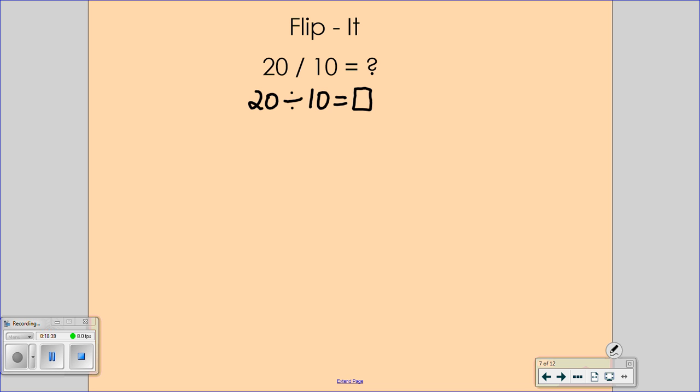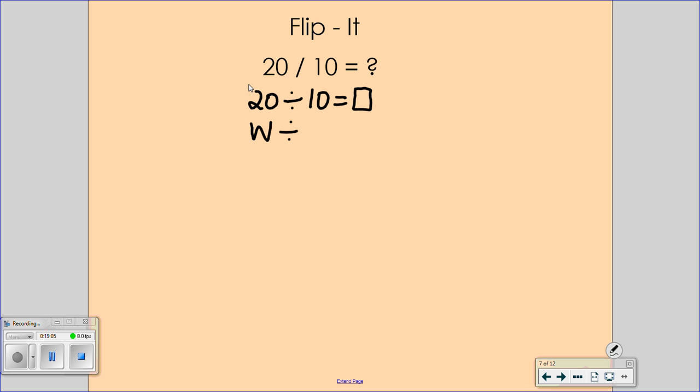I'm going to start with all of my donuts before I start passing them out. Division always starts with your total amount because you got to pass them out. It wouldn't make sense to start with some of them. That would be silly. Divided by, what is 10?